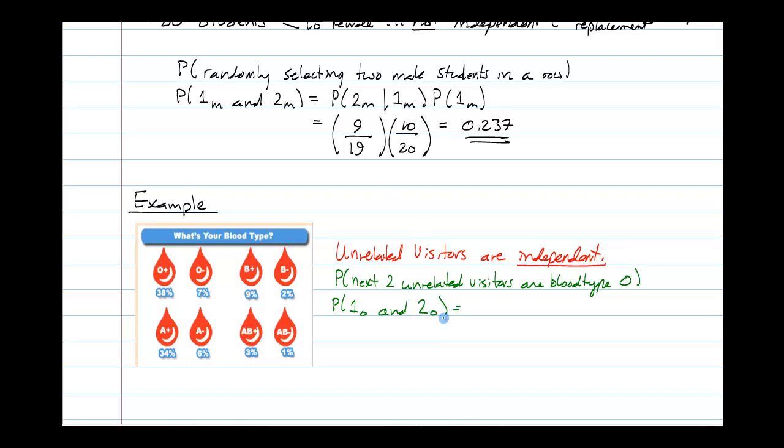Now because these are independent, I can just multiply the probability first is O times the probability that the second is O. Well, from over here, when I want to look at the probability that they're blood type O, I would take the rhesus positive and the rhesus negative and add those two together. 38 plus 7 is 45, so this would be 0.45 times 0.45, which is about equal to 0.2025. So about 20.25% would be the probability that the next 2 unrelated visitors are both blood type O. And this was using the idea of independence to determine that.